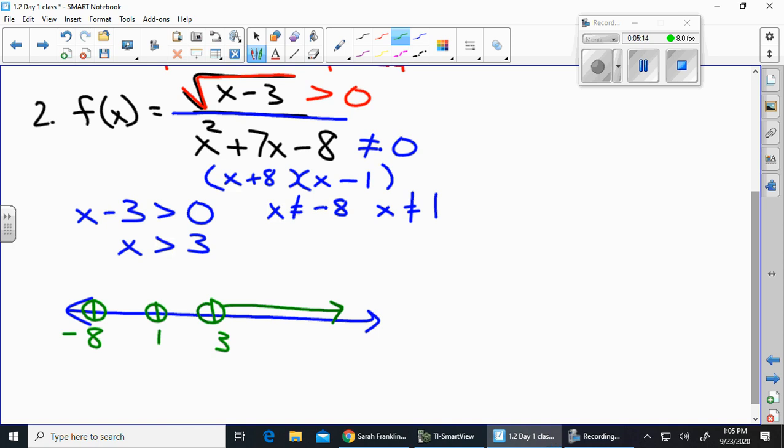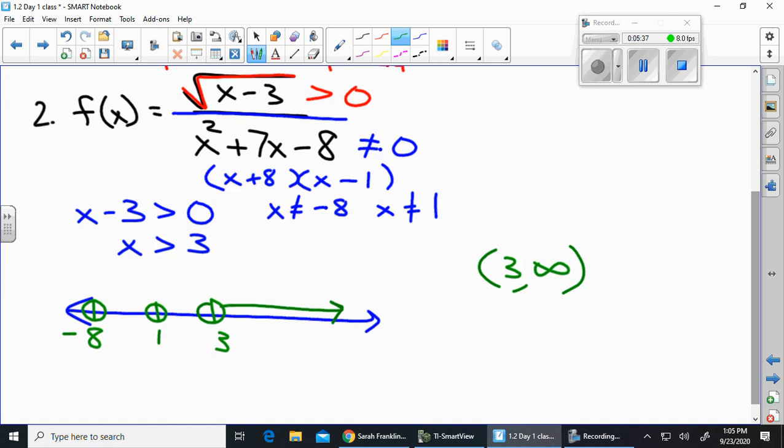Well, that really doesn't matter, because I can't put in 1 anyway, because 1 and negative 8 would give me problems on the top. So what's your intersection of that? 3 to infinity would be my domain.